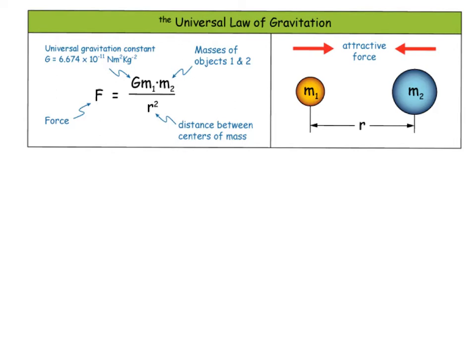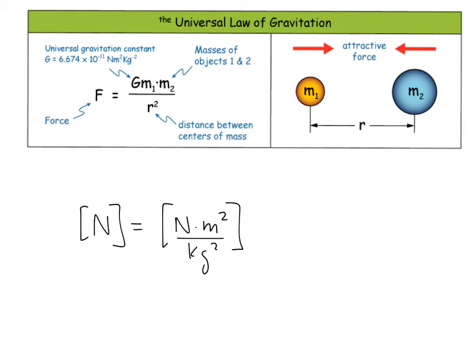So as promised, here's some dimensional analysis. We have our force of gravity, which is a force, so it's measured in newtons, and our gravitational constant, we said, was newtons meter squared over kilogram squared. We have our mass, which is kilograms.